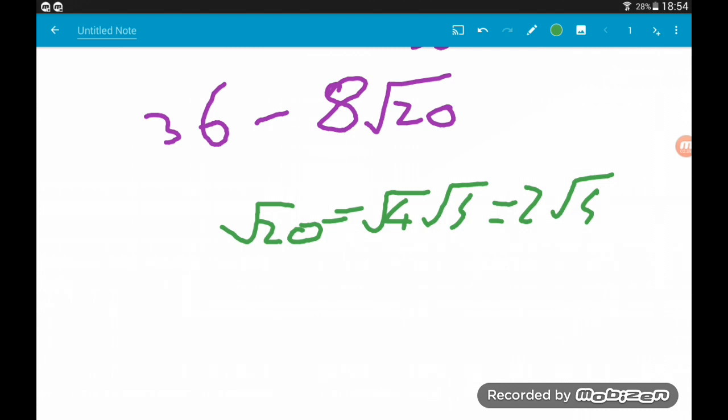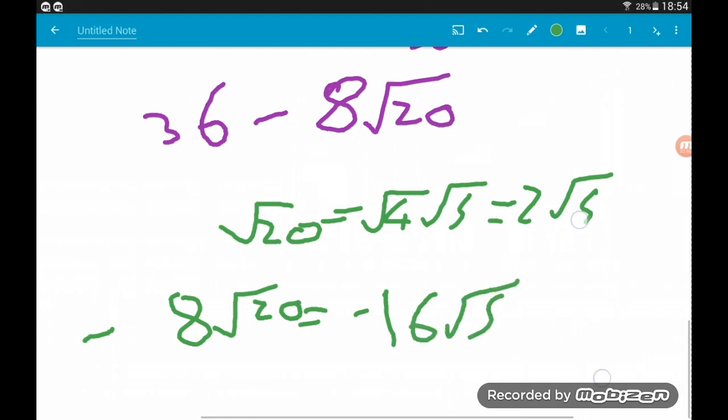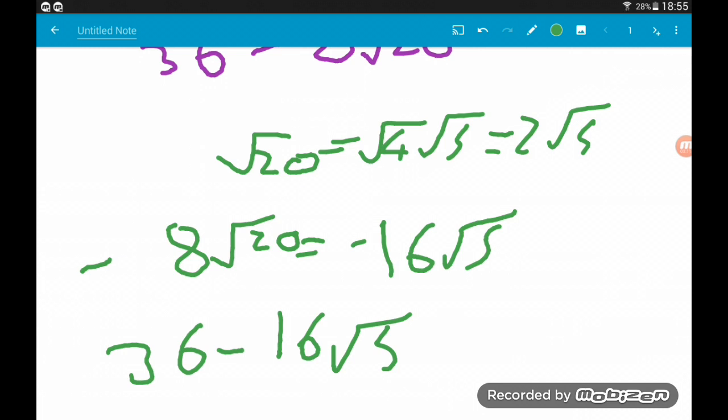So if we've got minus 8 root 20, then we've got minus 8 times 2 root 5, so minus 16 root 5. So now we can write our final answer. It's 36 minus 16 root 5.